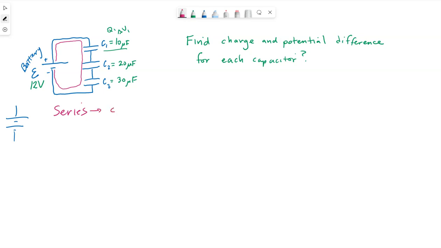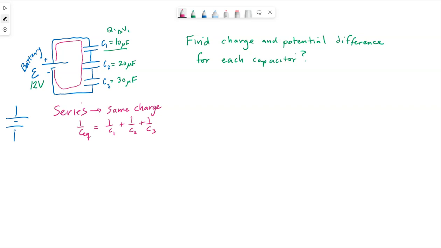That means they have to have the same charge as each other. Each capacitor has to have the same charge, and they have the same charge as their equivalent. In series, as we just saw, 1 over C equivalent is equal to 1 over C1 plus 1 over C2 plus 1 over C3.